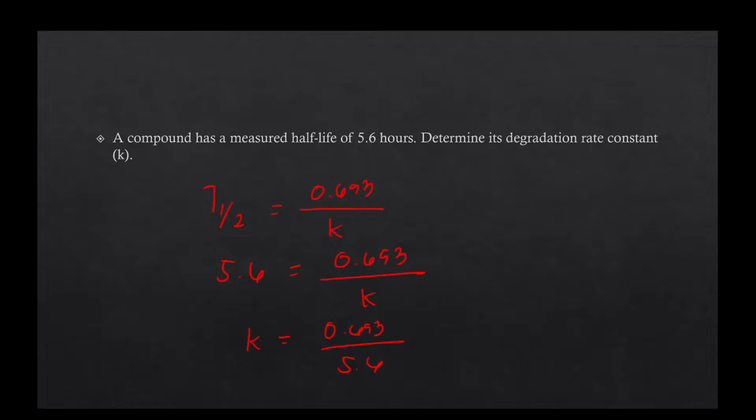That is K equals 0.12375 per hour. I'll take note of the unit of time. So if the unit of time is hour, the unit of K is per hour. If it's in minutes, it is per minute. Okay, yun lang naman po.